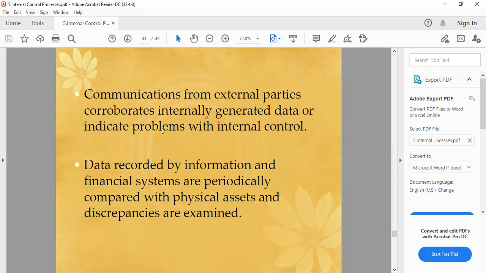So if we are going to do such reconciliations, we are actually corroborating, comparing, correlating, or simply relating the external with the internal.